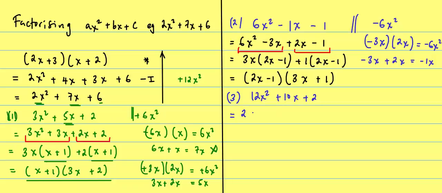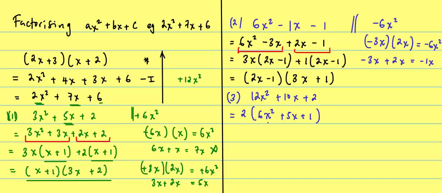If I factor out a 2, I will be left with 6x squared plus 5x plus 1. Okay. Now once I've done that, I will go ahead and retrace all the steps that we have done in the last two examples to try and factorize what is inside this bracket here.